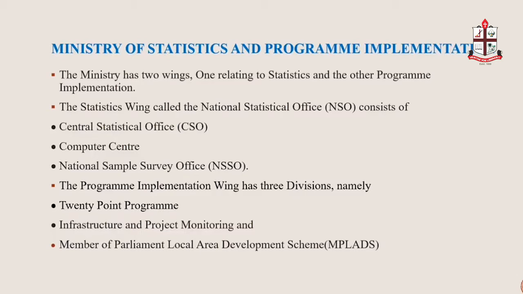The program implementation wing has three divisions, namely the 20-point program, infrastructure and project monitoring, and the Member of Parliament Local Area Development Scheme.